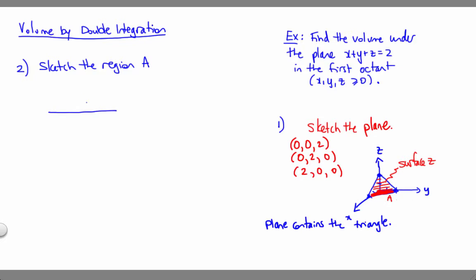And the reason is I want to now concentrate just on the XY plane. So forget about what's going on with Z. Let's just understand what that region A looks like in terms of the XY plane. So in our picture here, we're just going to be concentrating on the base of this triangle. And let's try to figure out how that triangle would look when we drew it in the XY plane.